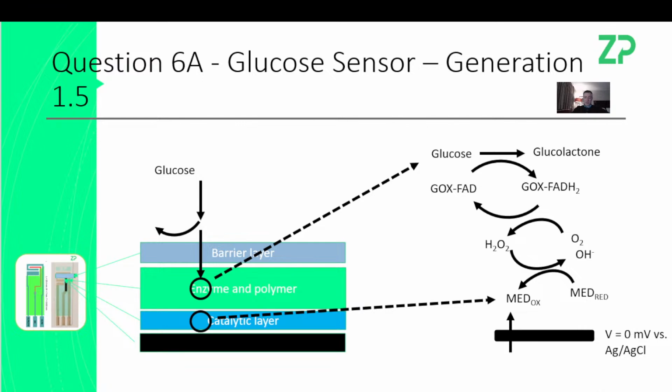That's where the 0 millivolts comes from, because catalysts, by definition, don't change the course of a reaction. They just change the energy by which that reaction takes place. So rather than applying a bias voltage of 650 millivolts, you can now get away with 0 millivolts. So that's why we're recommending 0 rather than 650.